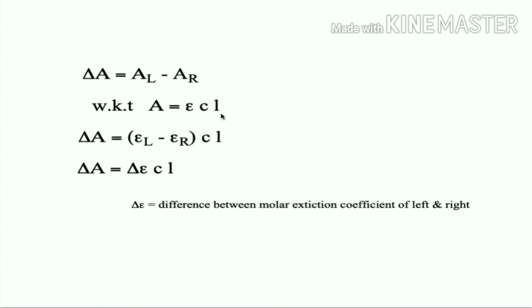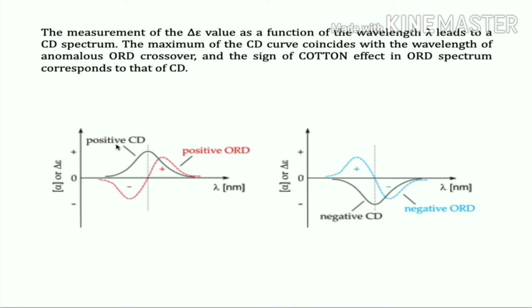If I substitute this epsilon c l in this equation, I get the difference between the molar extinction coefficients of left and right circularly polarized light. I plot this molar extinction coefficient difference, and I get the circular dichroism spectrum. The measurement of the difference in molar extinction coefficient of left and right circularly polarized light as a function of wavelength leads to the circular dichroism spectrum.